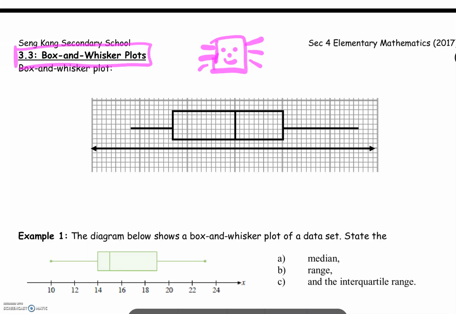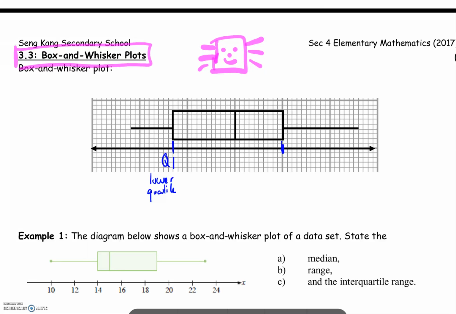Now, what is important is I need to know what each line means. This line, can you help me write? This line means Q1. Q1 also stands for what? Lower quartile. This is your lower quartile. Now make a guess.